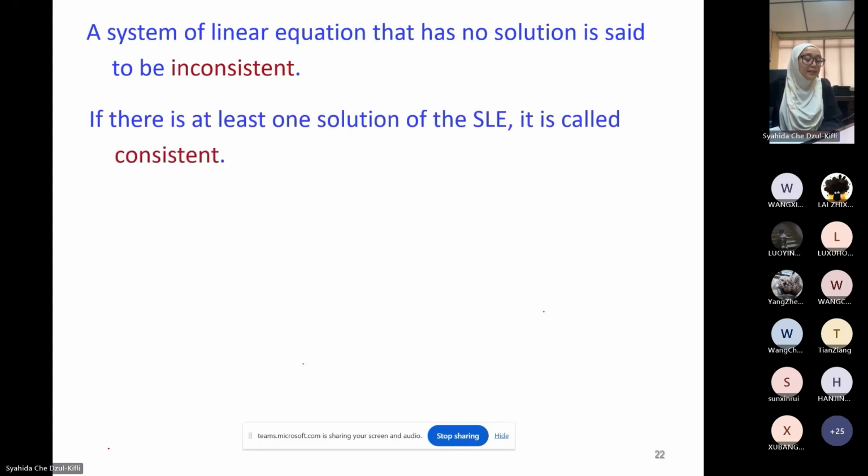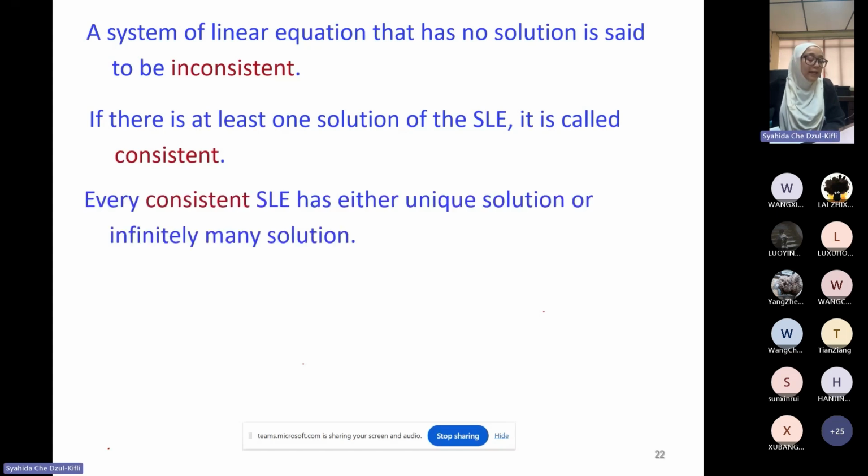And if there is at least one solution of the system, we call the system a consistent system of linear equations. So consistent is the opposite of inconsistent.